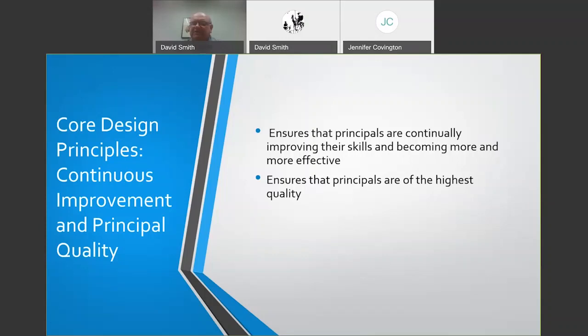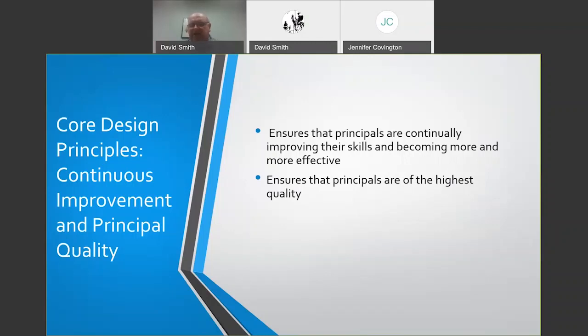So that purpose of continuous improvement is accomplished as evaluators, as supervisors, meet with principals on a regular basis and are going through the standards, they're going through the system, and they're looking at what the principal is doing, and they're doing some coaching with that principal. We're going to talk about the dichotomy that we've always talked about between coaching and evaluating, if those 2 things are mutually exclusive. We're going to talk about that in just a second.